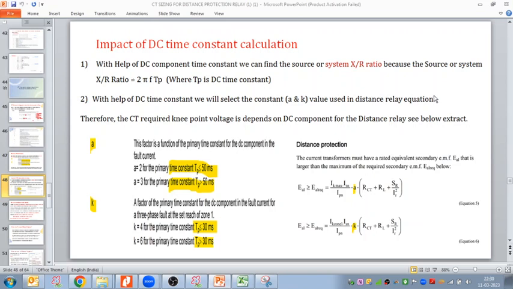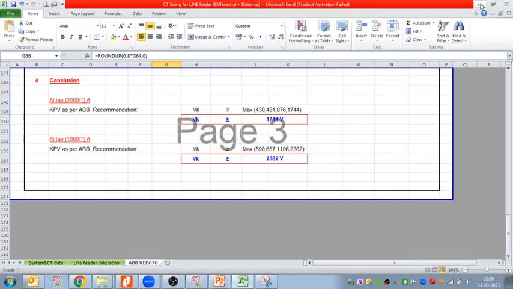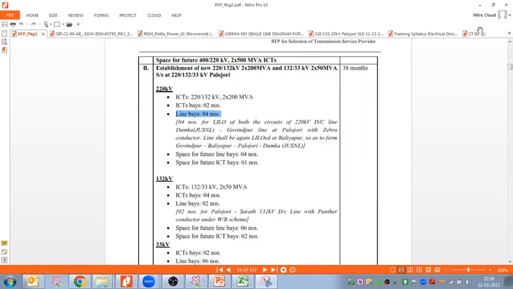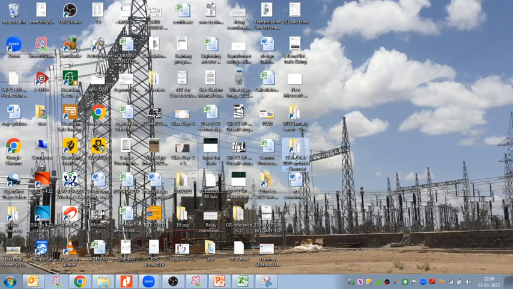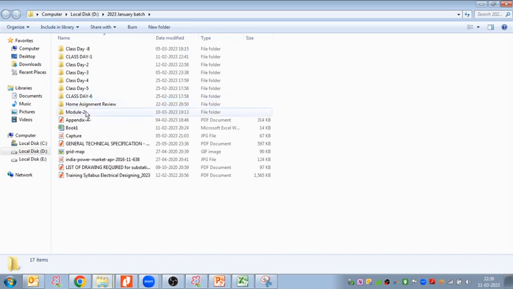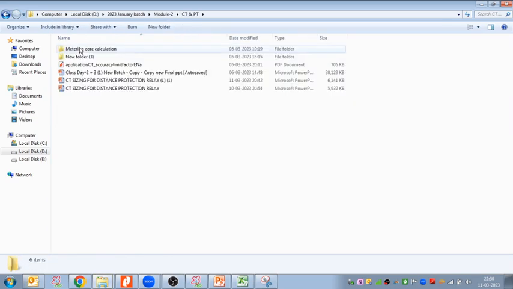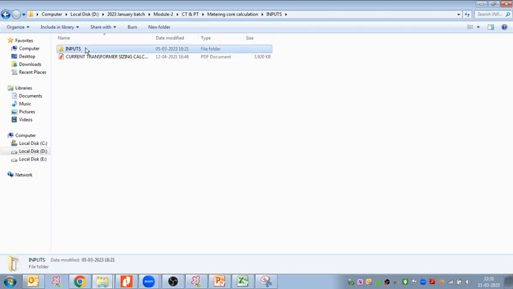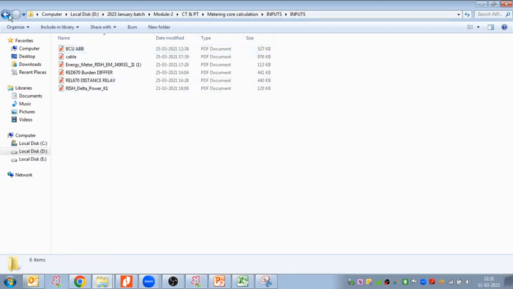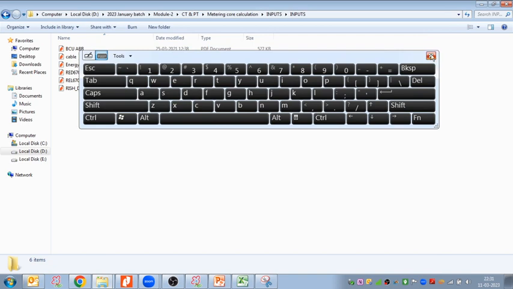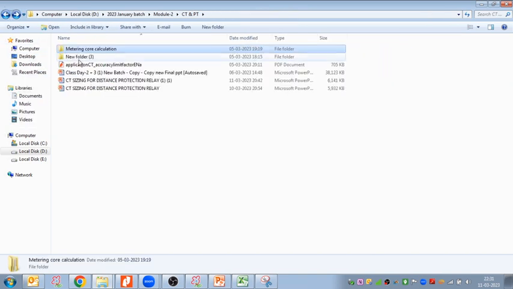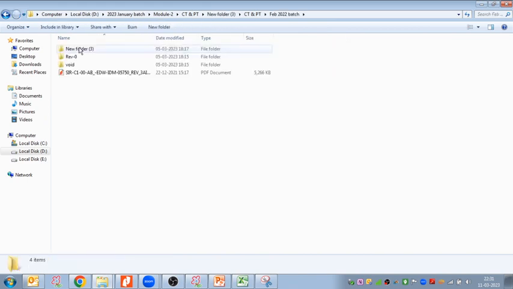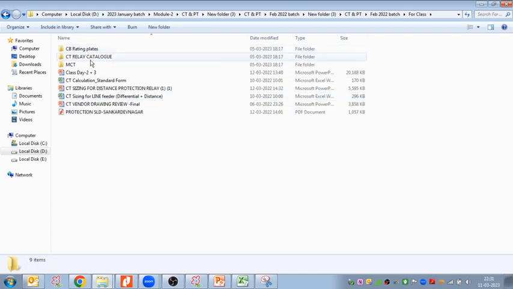Let me show you if I have a few other CT relay catalogs available in my system. At present, I have module 2 CTPT.